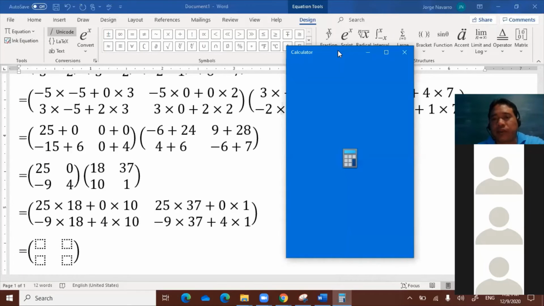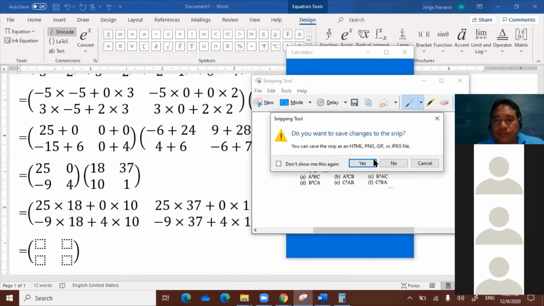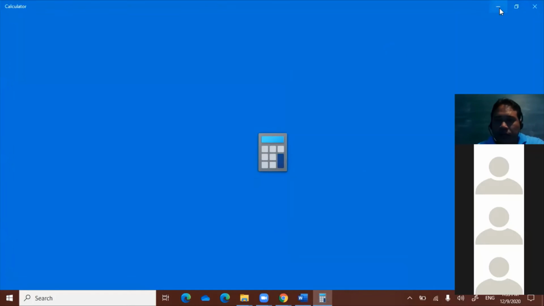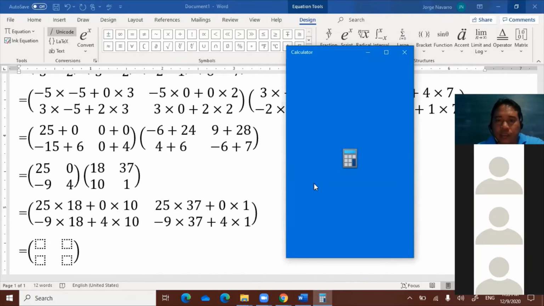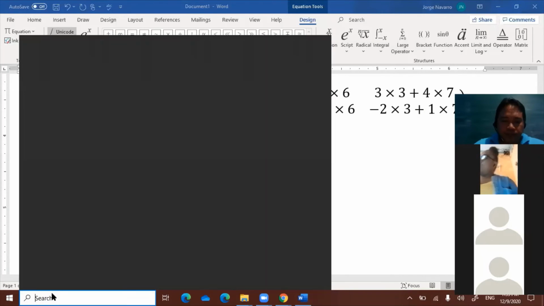Microsoft has that calculator, so you can access it at your whim. And once you have it, then you can use it to calculate your work. But I don't know why this isn't working. What happened? Just a second, guys.